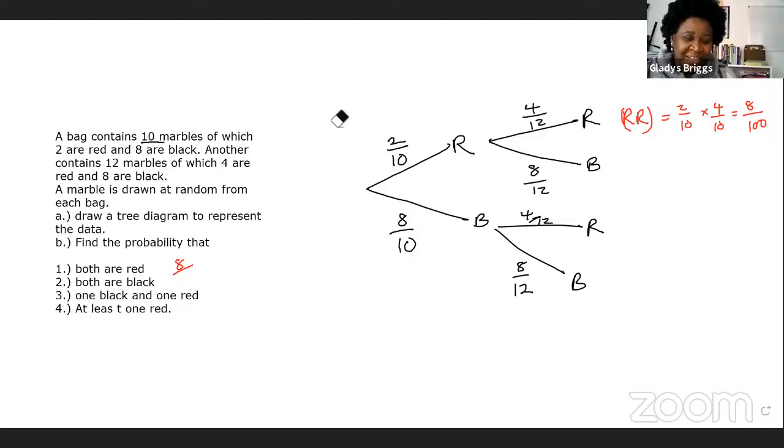I've seen a problem with the calculations. We missed something here. This should be 12. And this should be 120. Sorry, Maha. You were close, but not quite. It's 1 over 15. Who got it right?